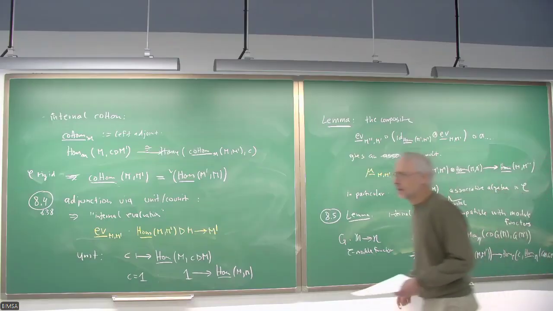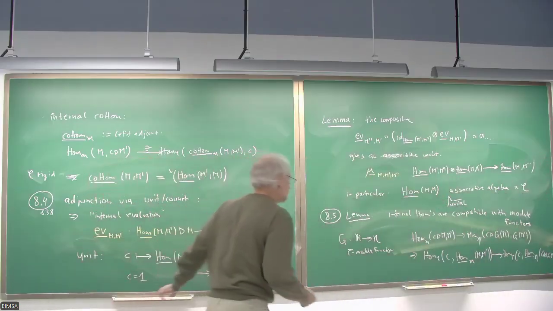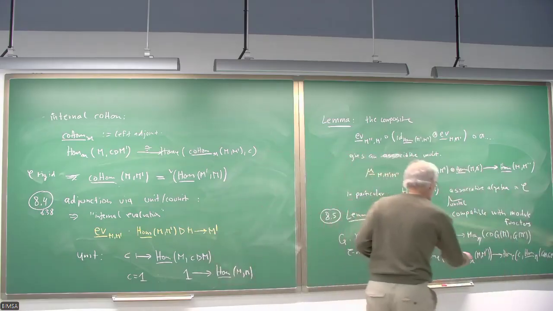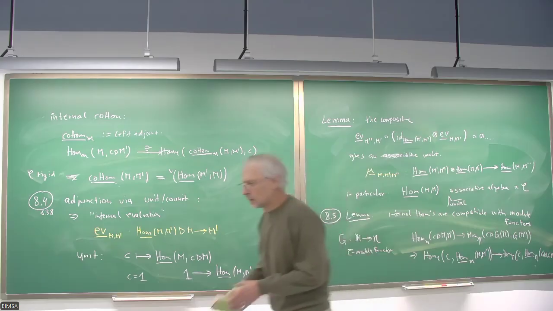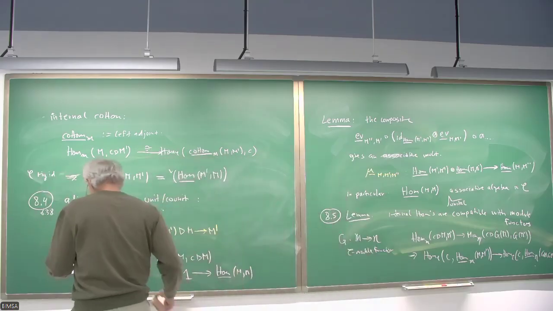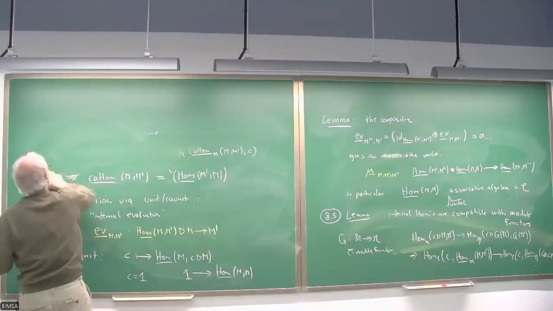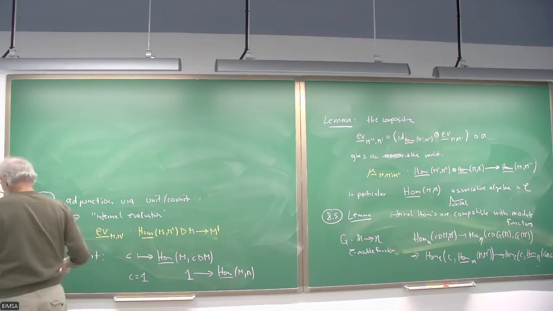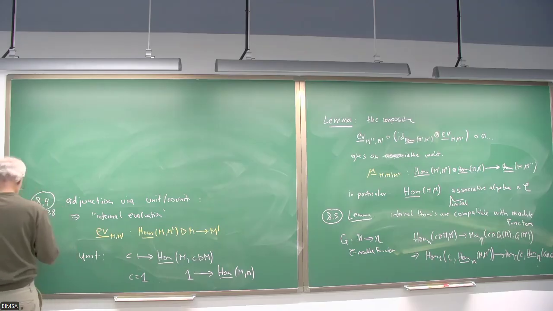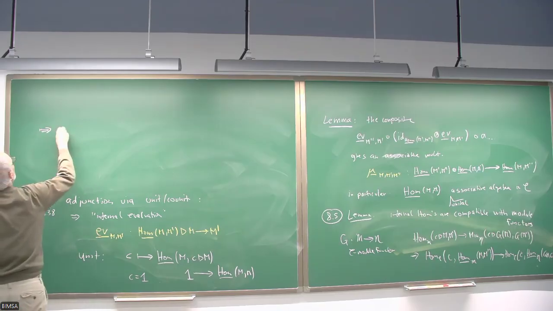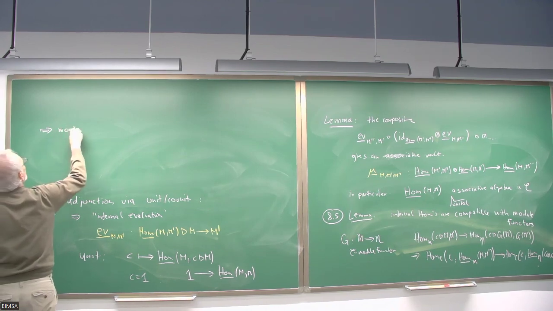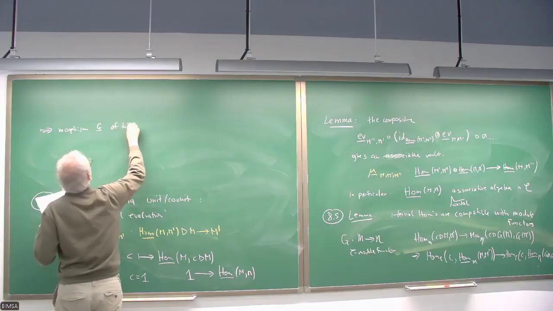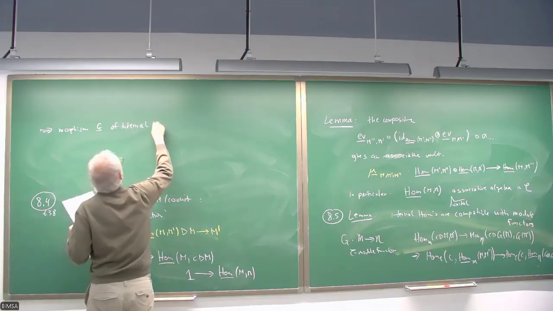And then via the Yoneda lemma, this in turn implies that we have a morphism called G underscore of internal Hom objects.